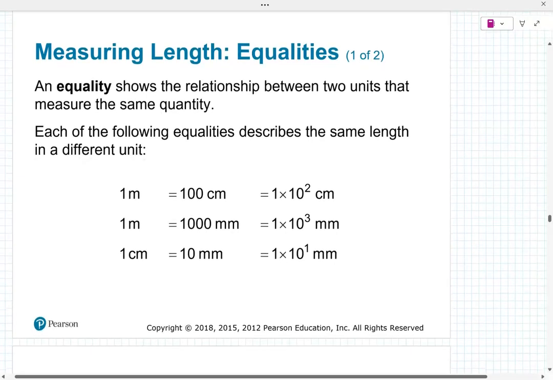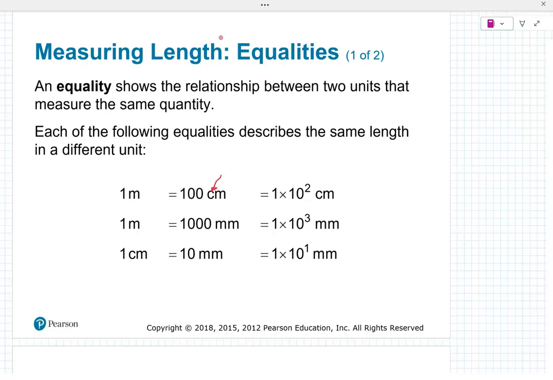So, keeping that in mind, we can derive certain equalities which will lead us eventually to the concept of conversion factors. So equalities, like 1 centimeter, centi means 1/100th, right?